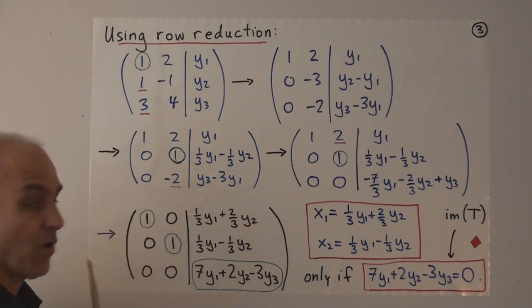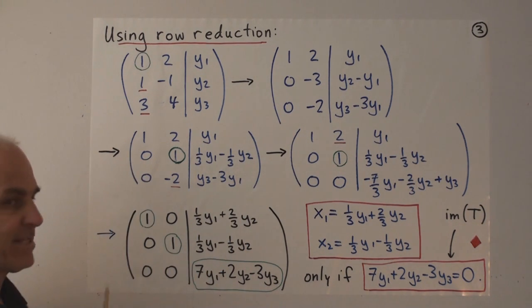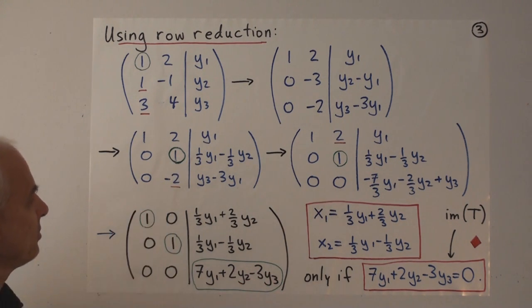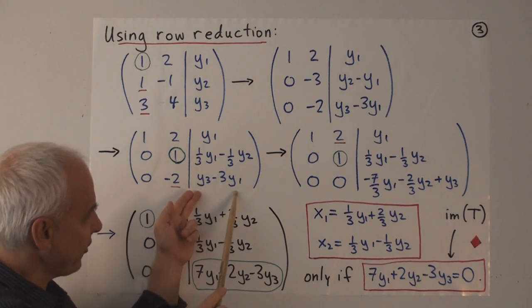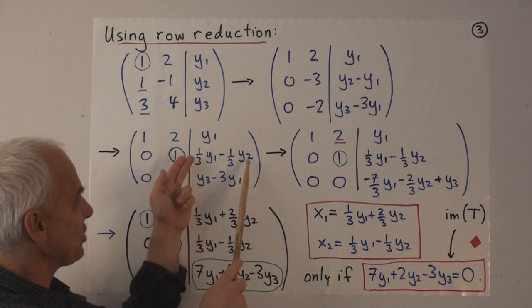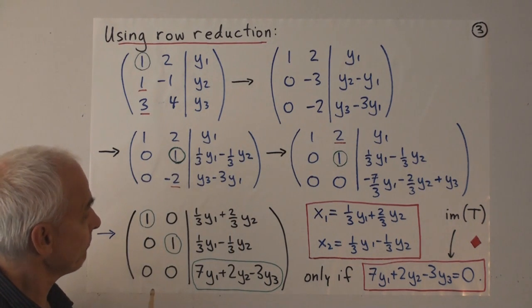So we're going to take the third row and add 2 times the second row to it. So minus 2 plus 2 times 1, well, that's 0. Now we have to compute this thing, y3 minus 3y1, plus 2 times this.